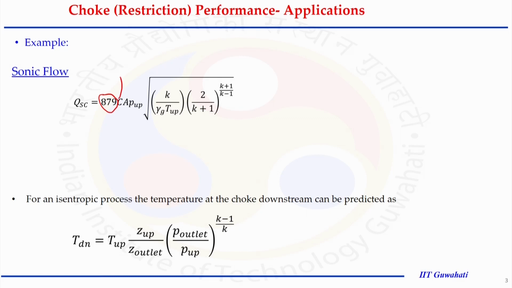The important part is C and A: A is the area, and C is the discharge coefficient, which should be known, and needs to be calculated if it is not given to us. That depends on the type of the orifice. The rest we know: gamma z is the specific gravity of the gas, K is the specific heat ratio, T up is the upstream temperature.